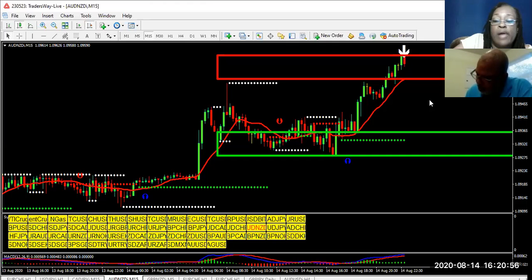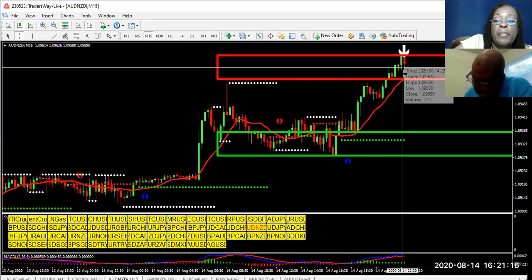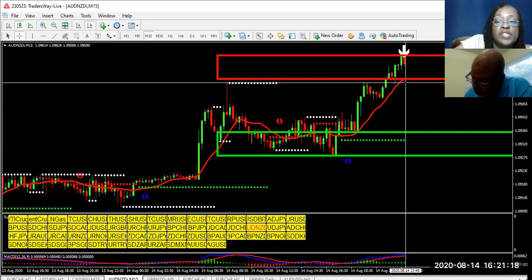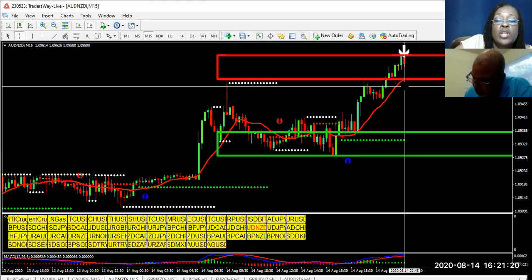Now we wait for the bearish candle to close below the 13 MA.